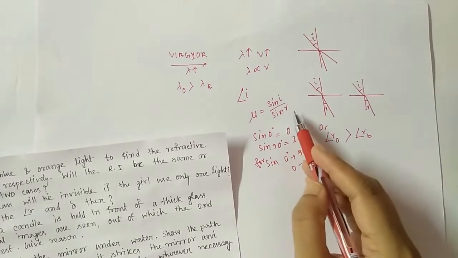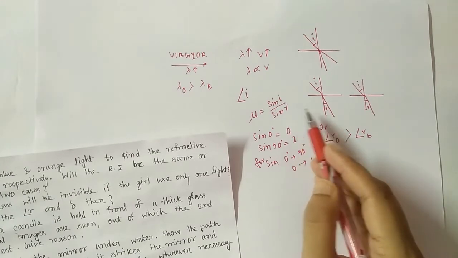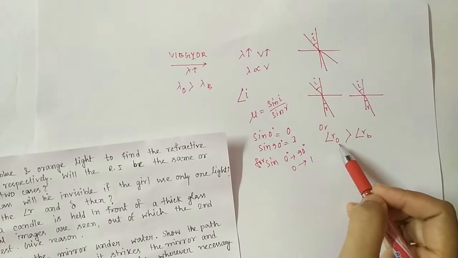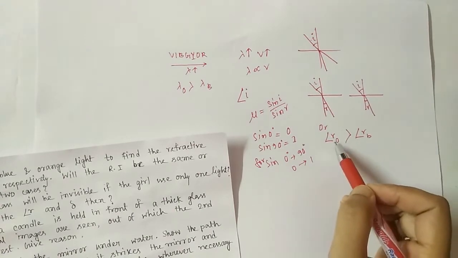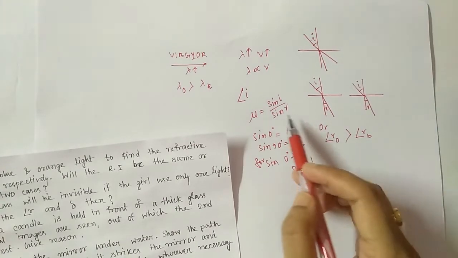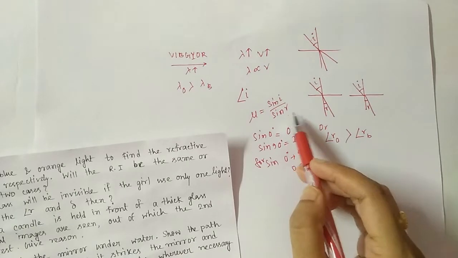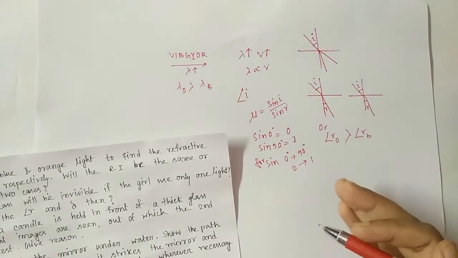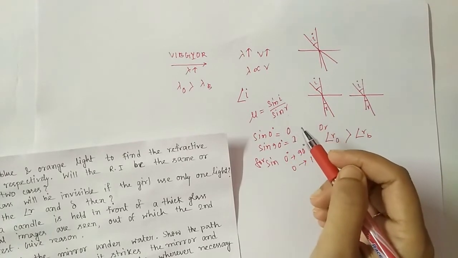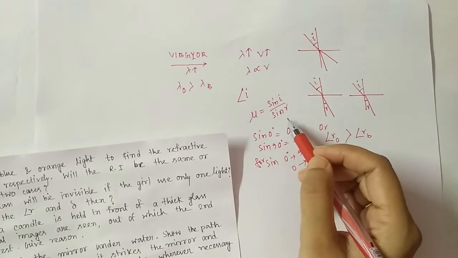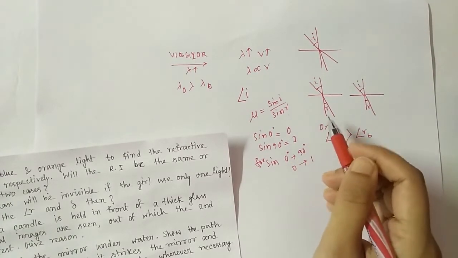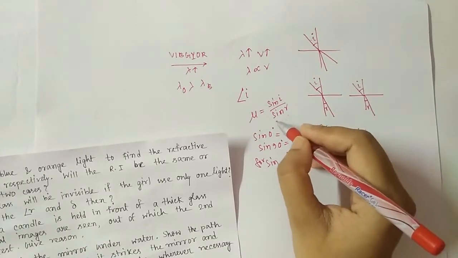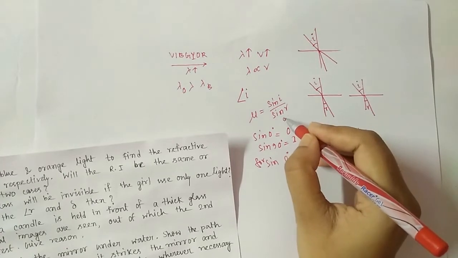So if the value of sin r increases, definitely the denominator part will increase, and from blue to orange light, as the angle of refraction is increasing, sin r is also increasing. That is why the denominator is getting greater than the numerator.